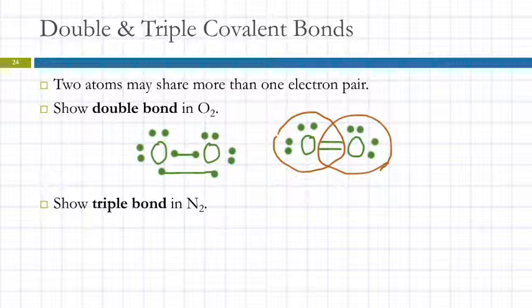So let's look at nitrogen. So we got 2 nitrogens. And they each have how many valence electrons? 5. So it's in group 5. You can see why I like those group numbers. Makes things like this very easy.